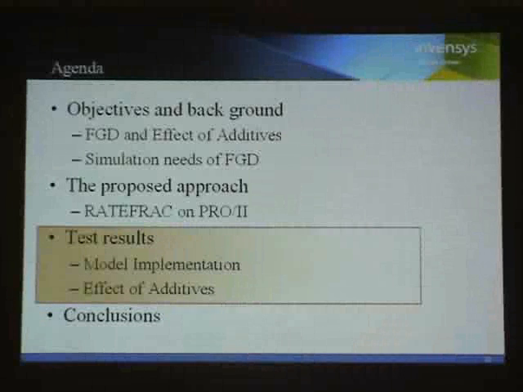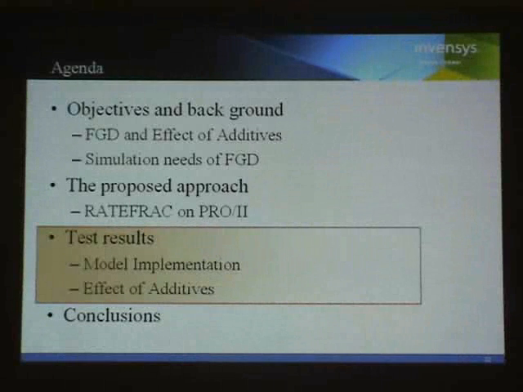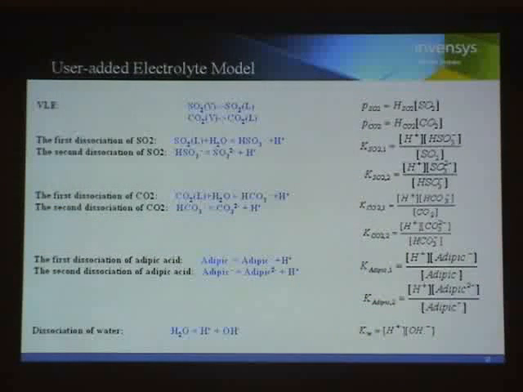Next, I'd like to show the result of this approach. At first, we made our own small user-added electrolyte model that contains vapor liquid equilibrium, the first and the second dissociation of sulfur dioxide, the dissociations of carbon dioxide, and the dissociation of adipic acid as buffer components.